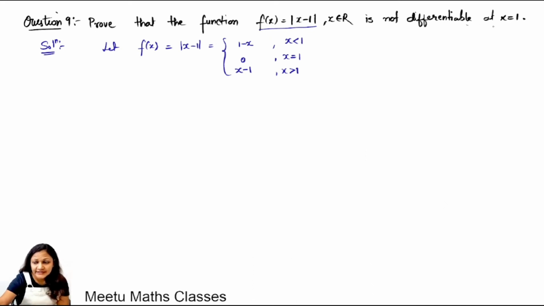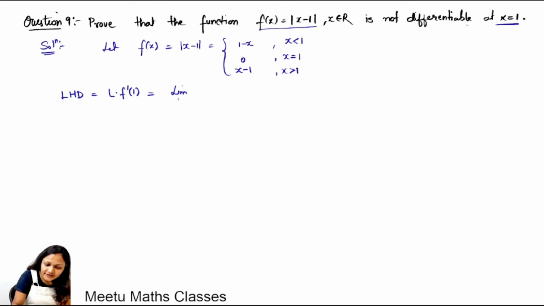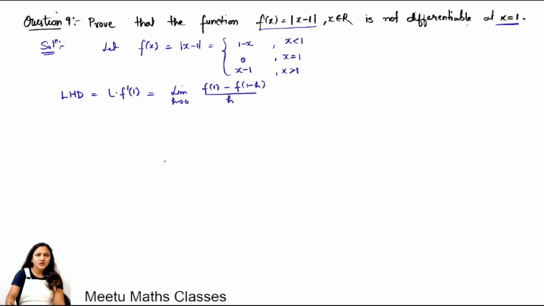Now to show that it is not differentiable at x equals 1, we are going to first calculate the left hand derivative. So the left hand derivative of your function at 1 is limit h tends to 0 of f(1) minus f(1 minus h) upon h. And this is equal to limit h tends to 0, f(1) is 0, minus f(1 minus h).